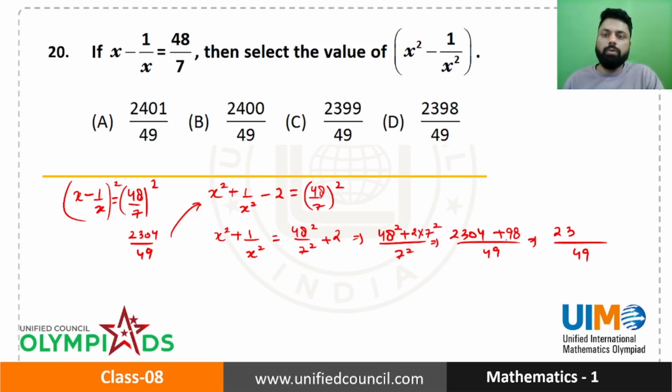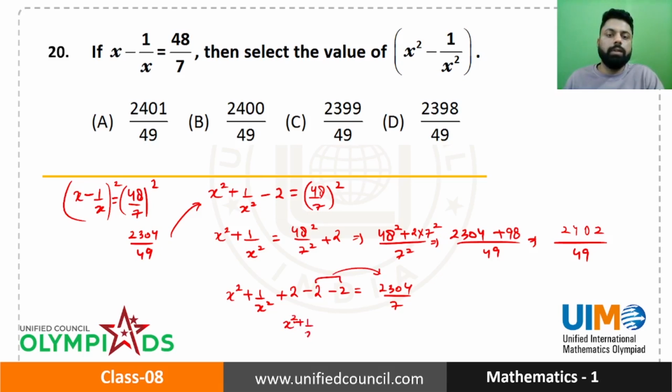So this will be equal to 2304 plus 98, that is 2402 square. Now from here, x square plus 1 upon x square, if we add 4 and subtract 4, or if we add 2 and subtract 2, it will not create any impact. So we'll take this value on the right hand side.